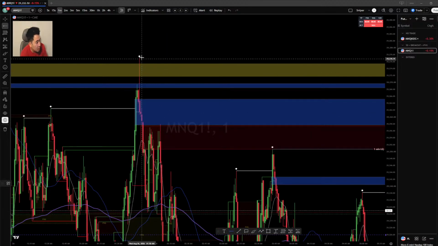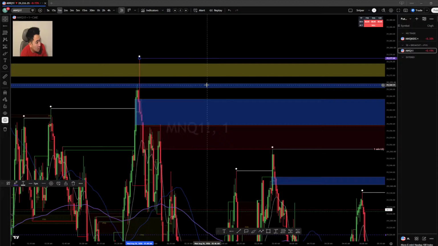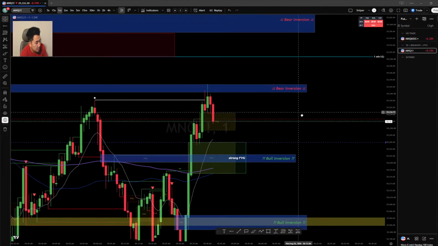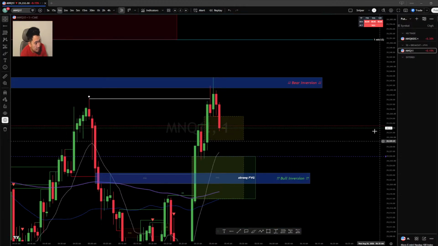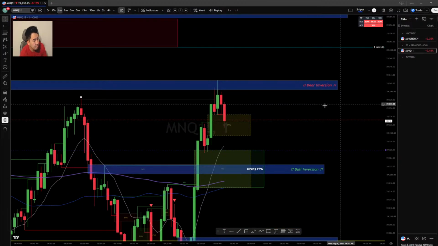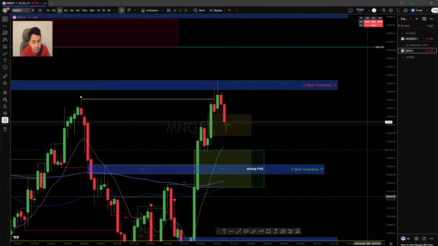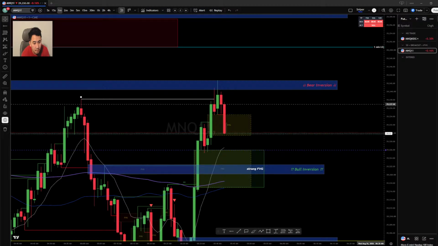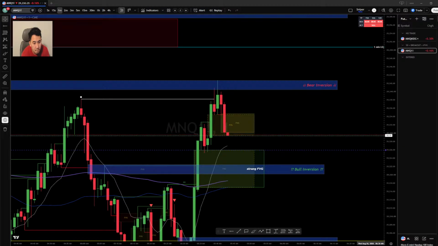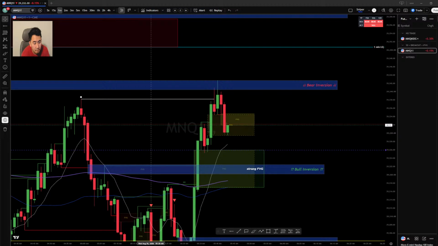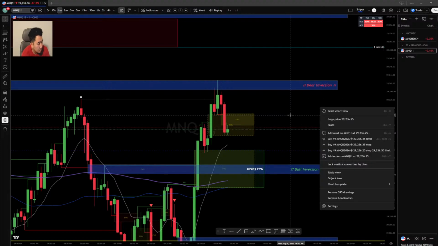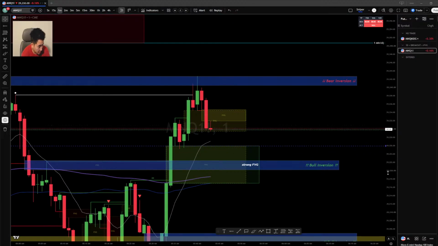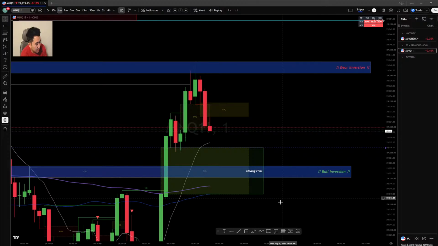So, 1 minute liquidity up here. Okay. All right, this is where it gets pretty dangerous if you're looking for longs.